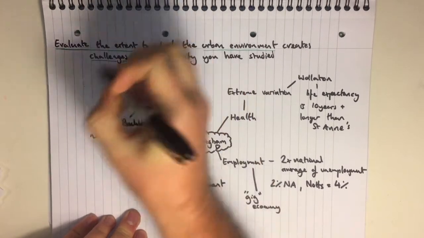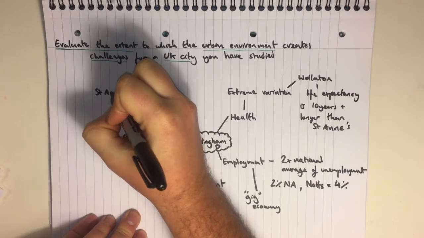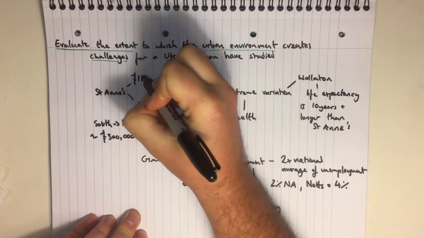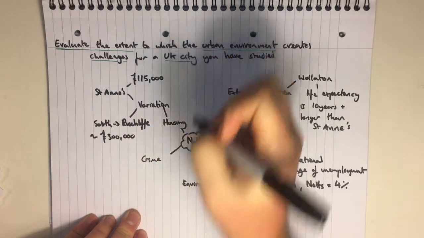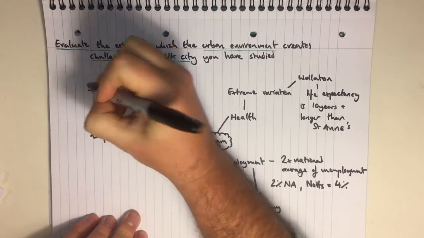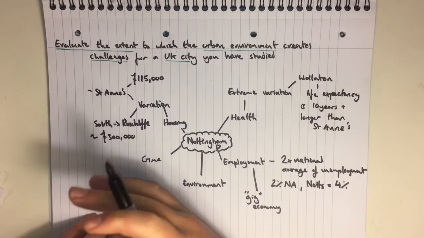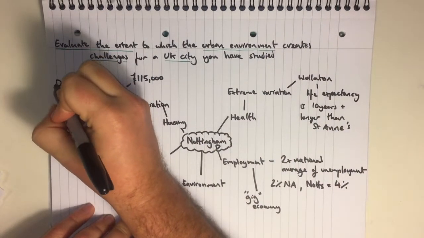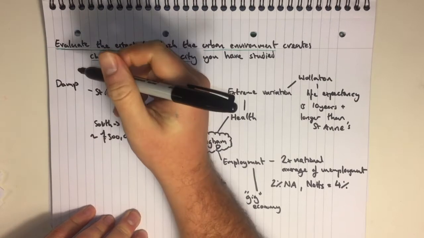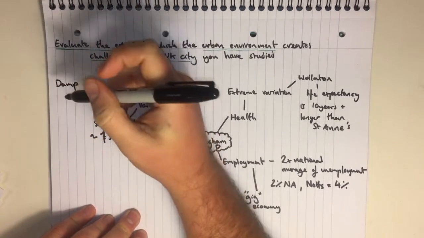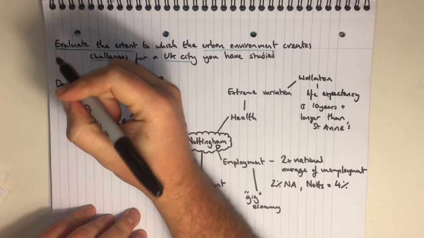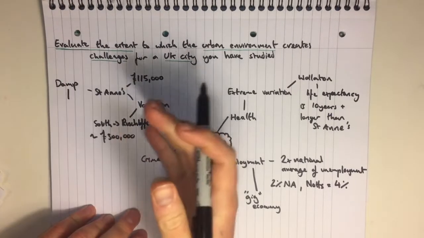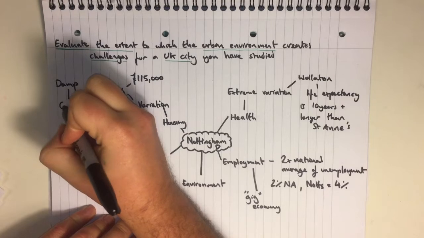When we look in somewhere like St Anne's, prices are anywhere from £80,000 to about £115,000. Now, some of these houses in St Anne's still suffer from some of the classic things that we saw in 1950s or 1960s Nottingham, with problems with damp and asbestos, which is another problem in many of Nottingham's houses, leading to health issues. And damp is generally associated with coughing or with asthma.